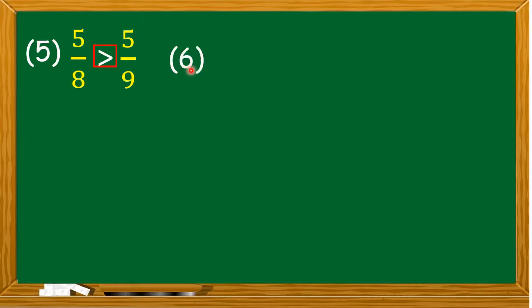Next example, 4 upon 7 and 4 upon 11. Here also, the numerators of these two fractions are same. So, let us compare the denominators. Here also, the fraction with greater denominator is the smaller fraction.